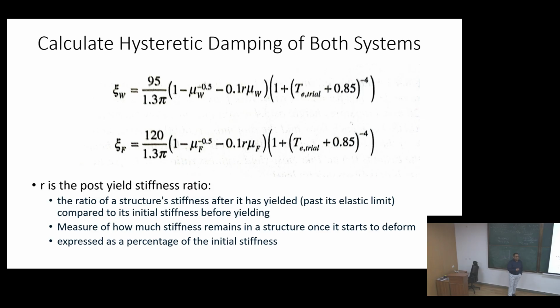What could be an approximate number? What is stiffness after yielding divided by your initial stiffness? Should your initial stiffness be higher or lower? Higher. Your post-yielding stiffness would be lower, right?